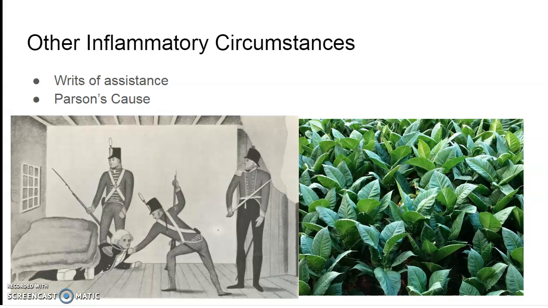The other inflammatory circumstance was Parson's Cause. And basically with Parson's Cause, a dispute rose between England and the colonists over England's right to legislate in the colonies. And specifically it played out in the area of Virginia, because by law, Virginians had to pay a tax to support Anglican ministers, and they would actually pay the ministers in tobacco.